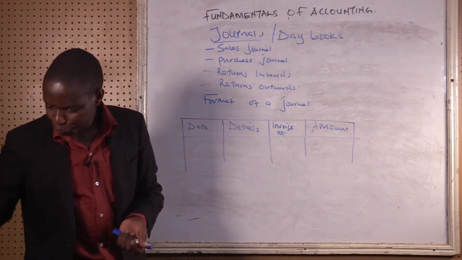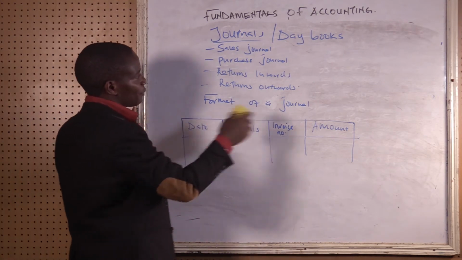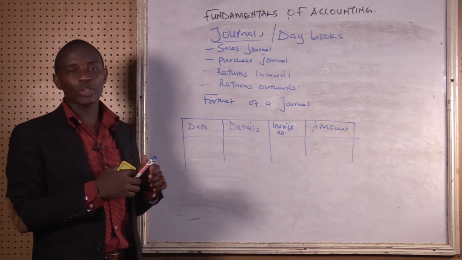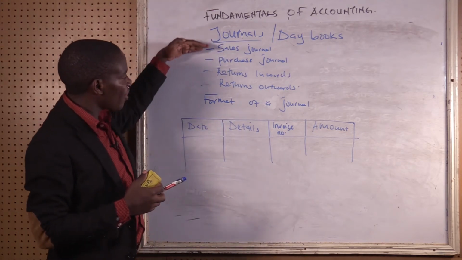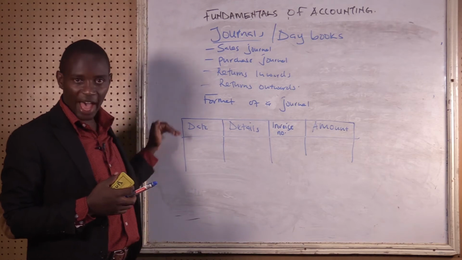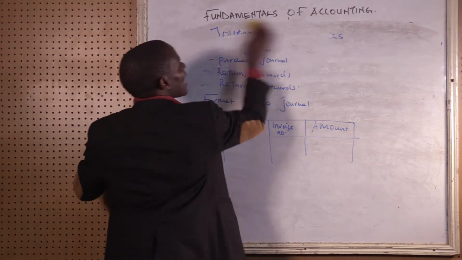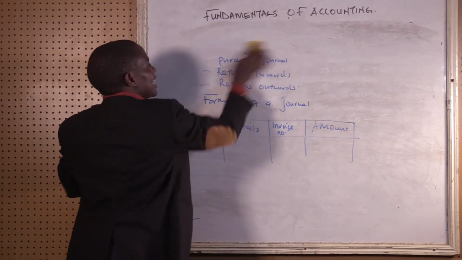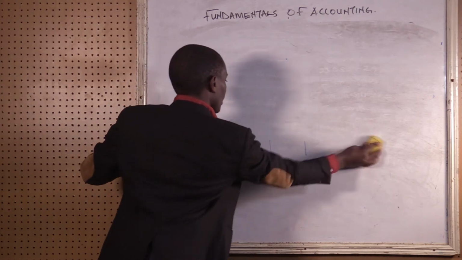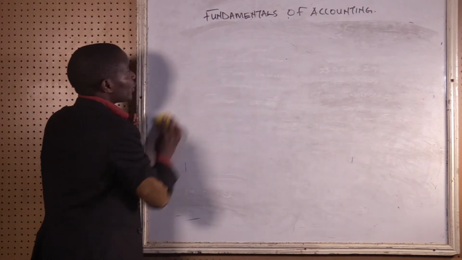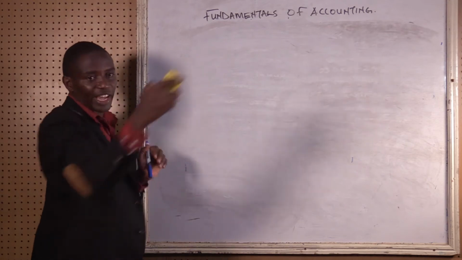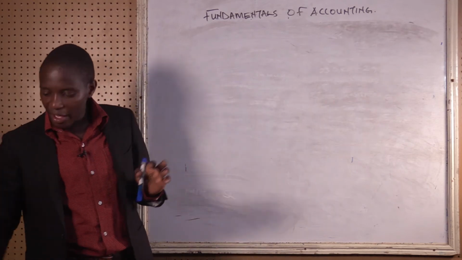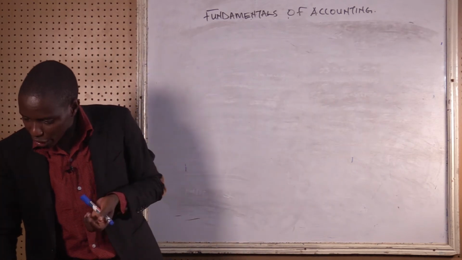Let's now have an example. I shall give you an illustration that will cover all the 4 journals. From the notes that I've sent to you via the portal, we have illustration number 1.